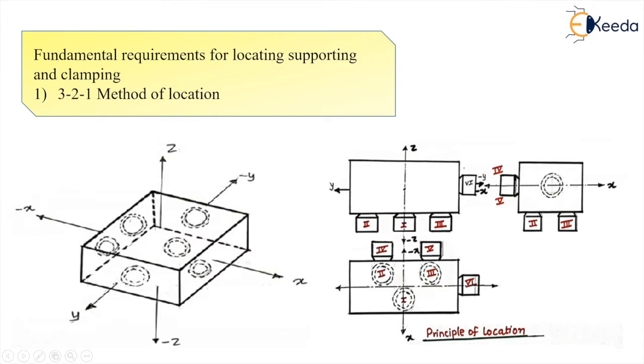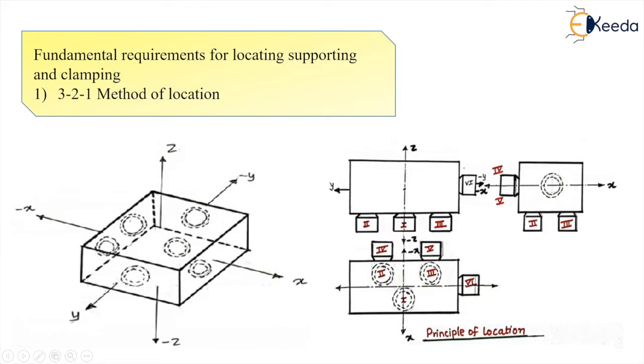when we are using these three pins on which the component is placed, the downward movement along this z axis is restricted, and the object cannot rotate along this x as well as this y direction. So both the clockwise and anti-clockwise rotations are restricted in x and y axis. So these are 4 degrees of freedom and one translation movement along the z axis.